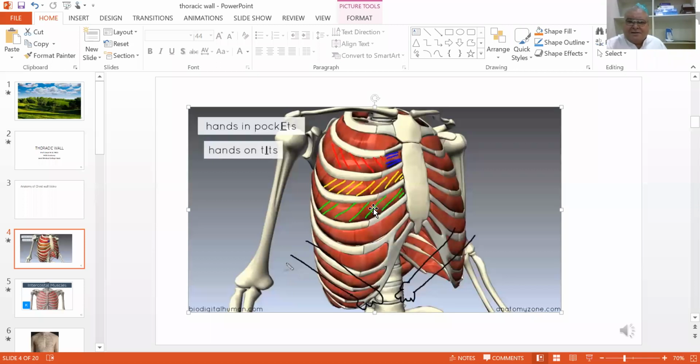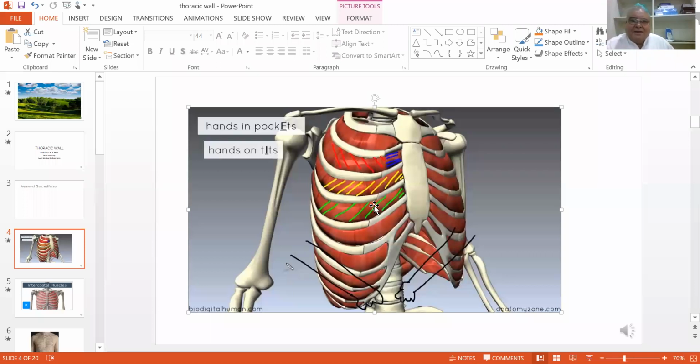And these vessels actually lie in the subcostal groove. Subcostal groove, I told you, subcostal groove. So that's why it is protected from injury. It is not shown on the surface of the rib. So it is inside the lower edge, the vessels. And by vessels we mean vein, artery, and nerve.